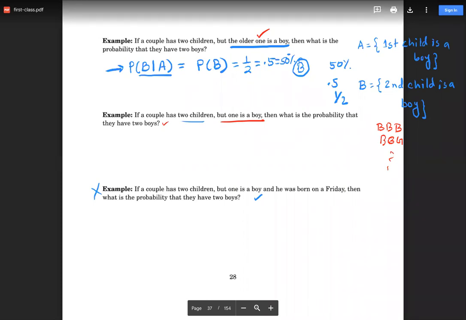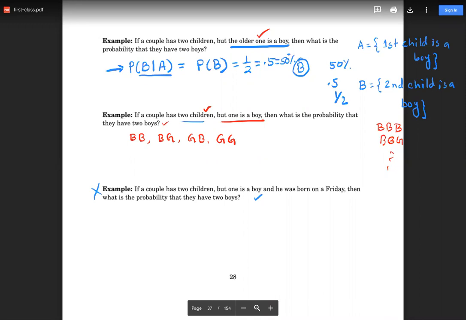So first of all, you're having 2 children. How could it happen? You could have boy, boy, boy, girl, girl, boy, and girl, girl. This problem is kind of tricky. So a couple has 2 children, but one is a boy.